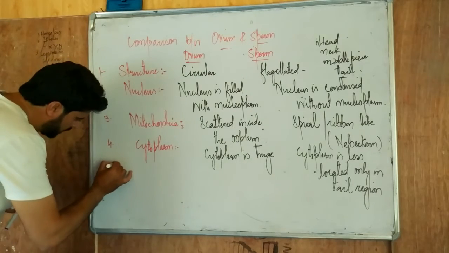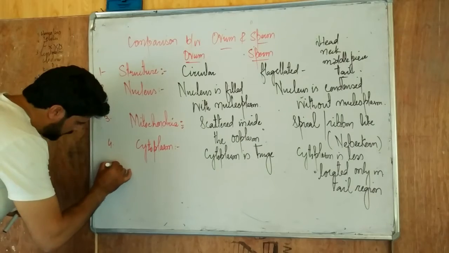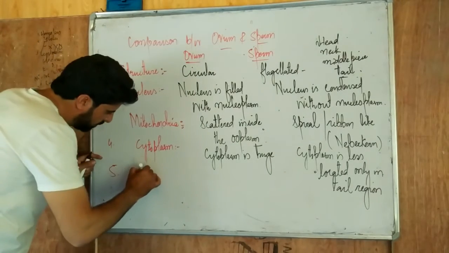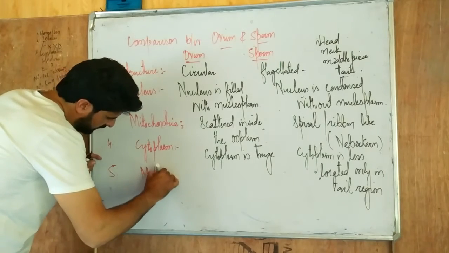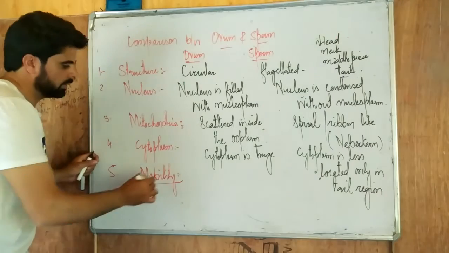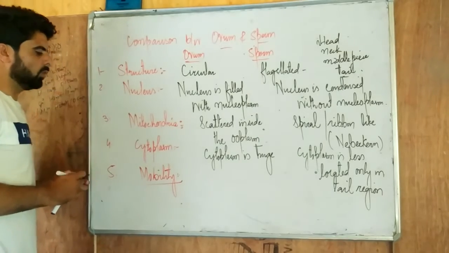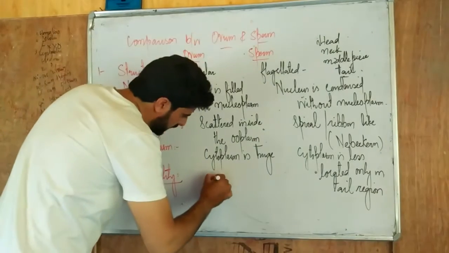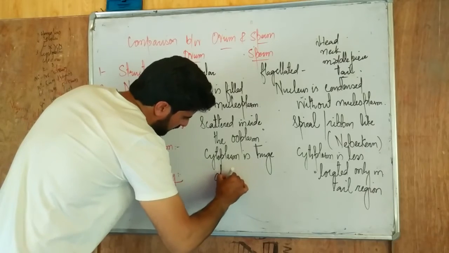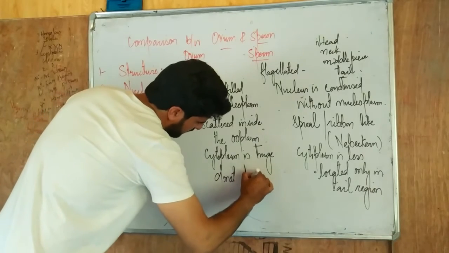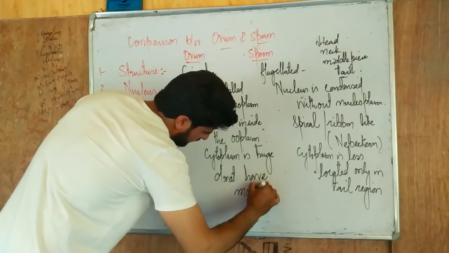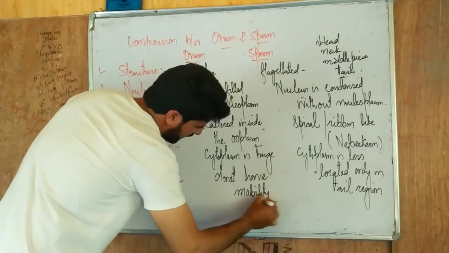The fifth difference which we have in case of ovum and sperm is mobility. The ovum is non-mobile, so it doesn't have mobility.